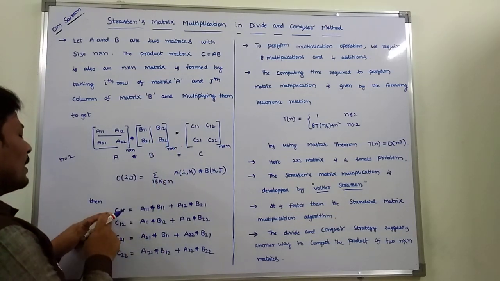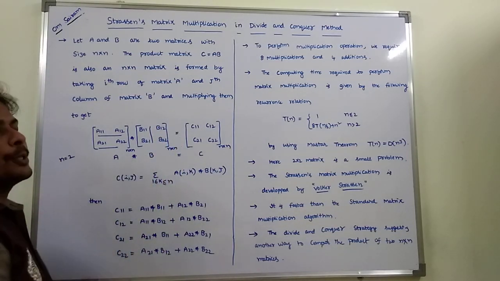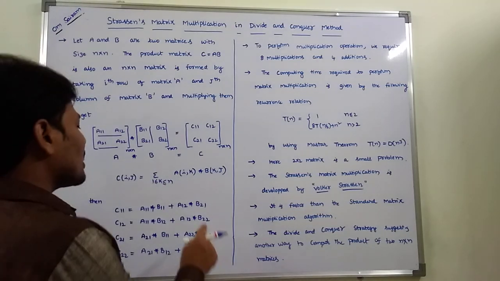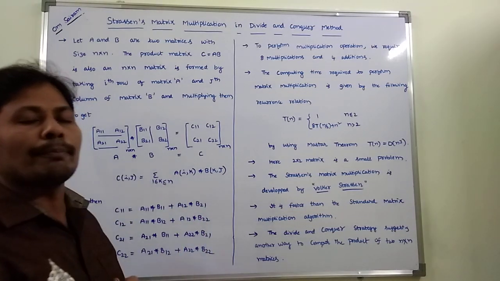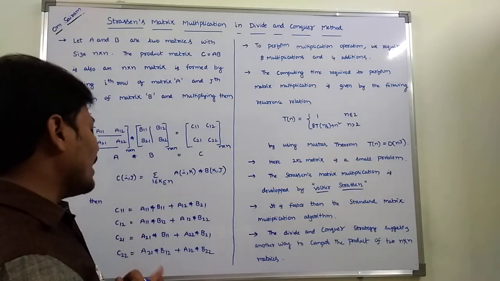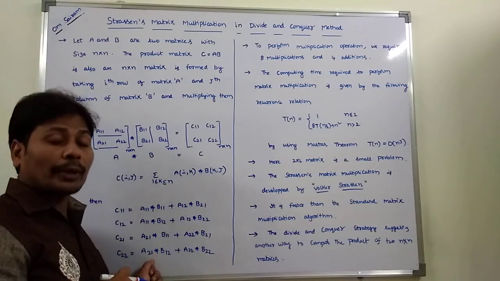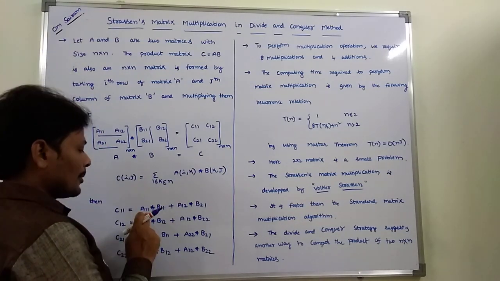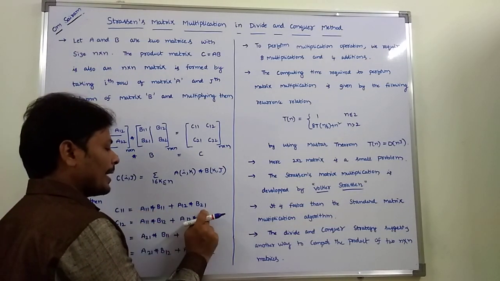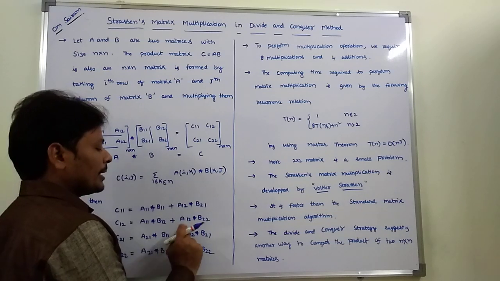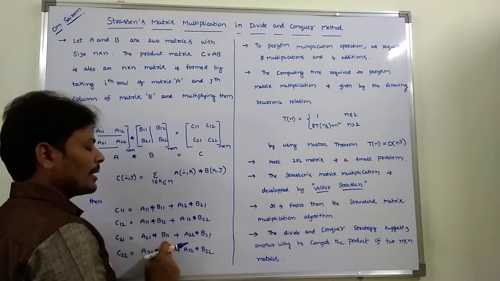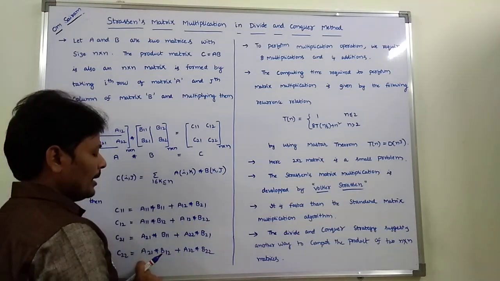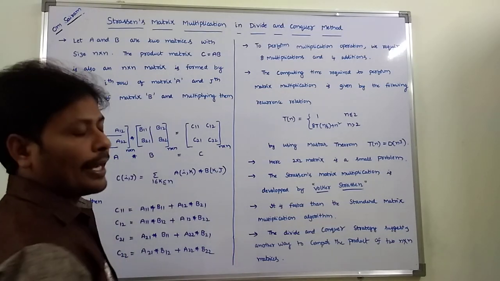Now observing this multiplication process, how many number of products are there? This is one product, this is another product, and so on.